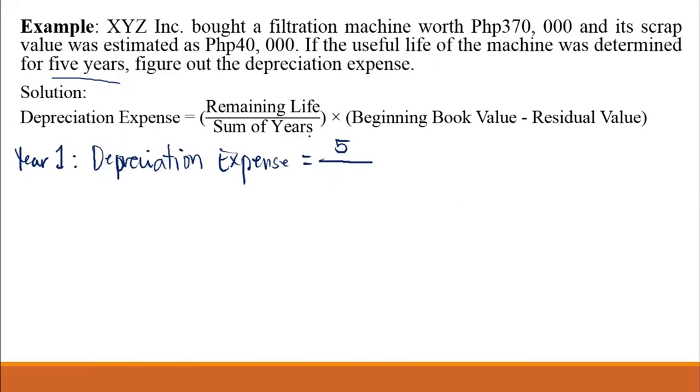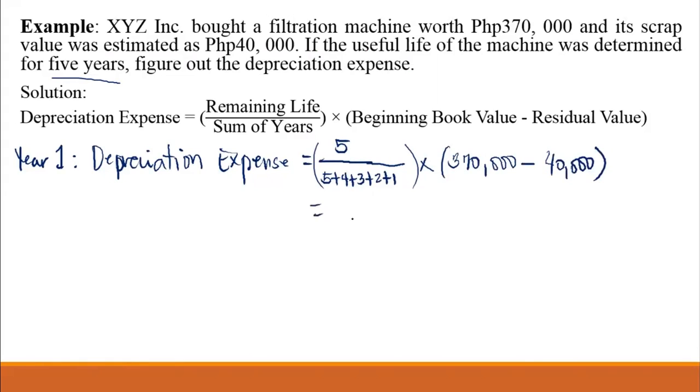And then the sum of years, so 5 plus 4 plus 3 plus 2 plus 1. Okay, na-gets? Oh, mahirap yon, no? Hindi, madali lang. And then the beginning book value, which is 370,000. And then yung scrap value or yung residual value niya na 40,000. Alright? So the depreciation expense is equal to, on the first year, 110,000 pesos.